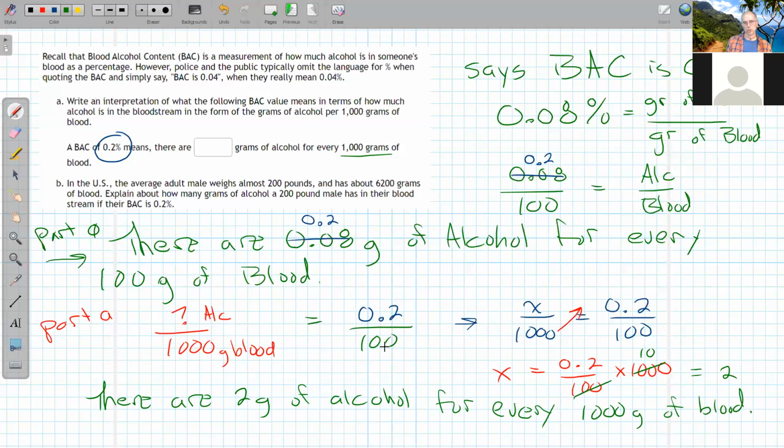Right? 0.2 is to 100 as 2 is to 1,000. Sometimes people are good at looking at percentages and they can see, oh, to get from 100 to 1,000, I would just multiply by 10. So I'm just going to do the same thing to the numerator, and I have a fraction that means the same thing and the number I desire right there.